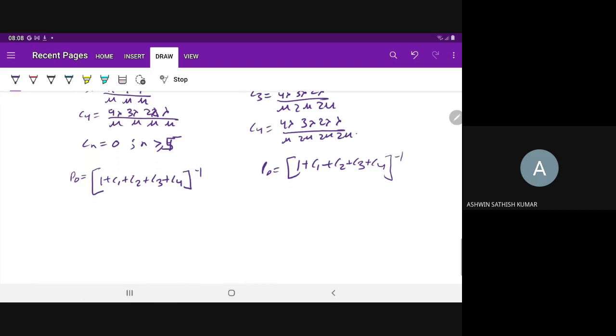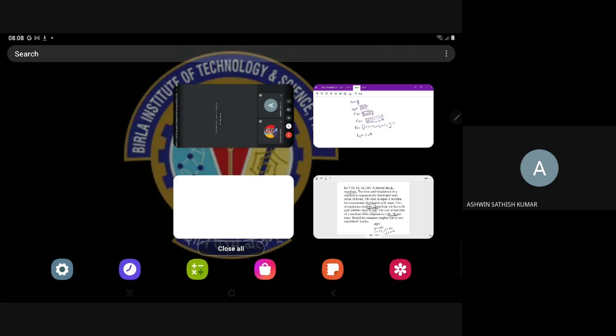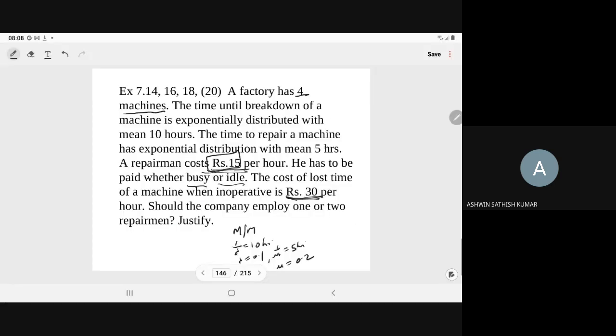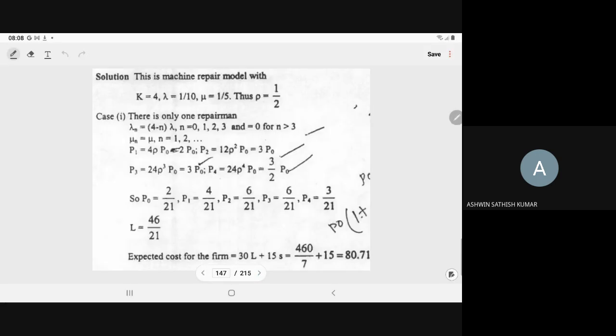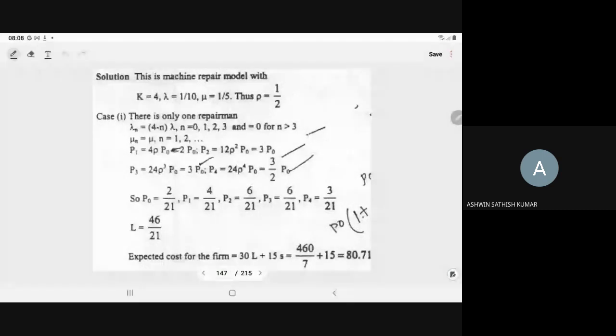So if you compute, the value of P naught will come 2 by 21, right?